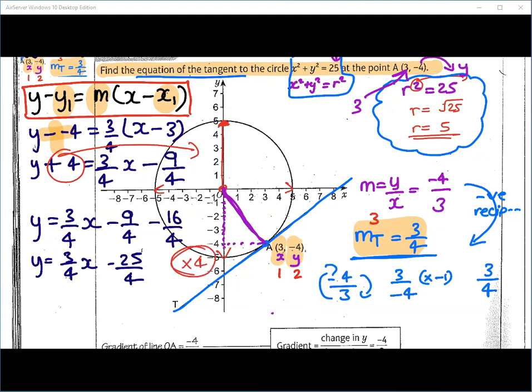So what do you do? Multiply by 4, every item. So we get now 4y. When you multiply this item by 4, the 4 gets cancelled, and same for that as well. So we're left with the top part, which is 3x, and the top part, which is -25. So this is the preferred answer for that question.